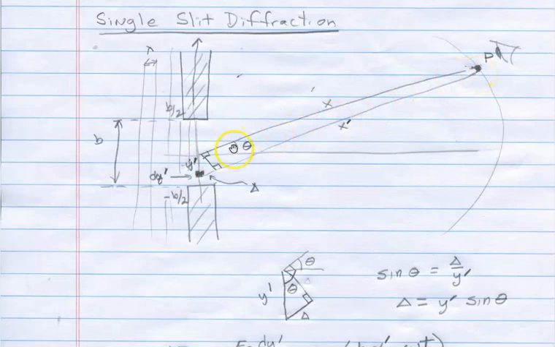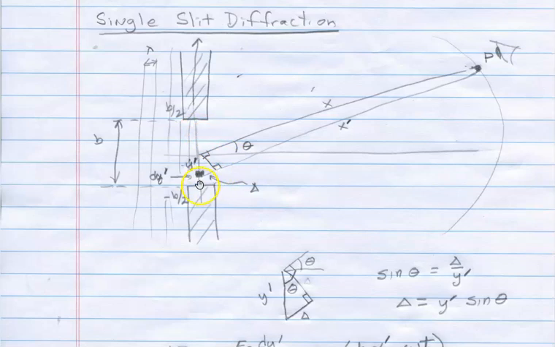Theta is the angle it makes with the straight bisector of the slit. And now I focus on just the light that comes into this portion here that's of thickness dy prime, located at y prime. And that, as I've said, emanates by Huygens principle a spherical wavelet.